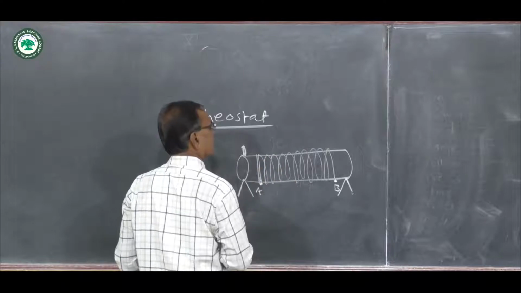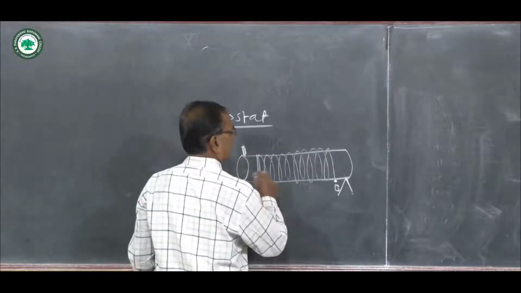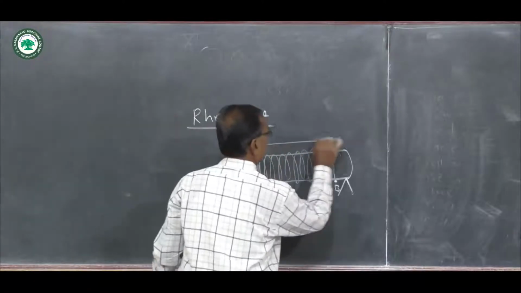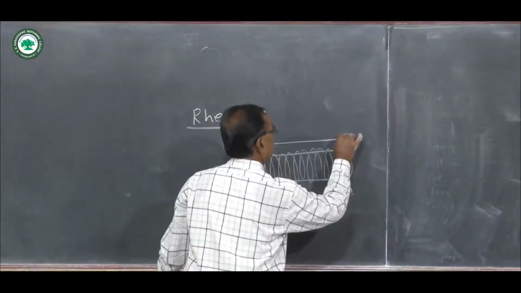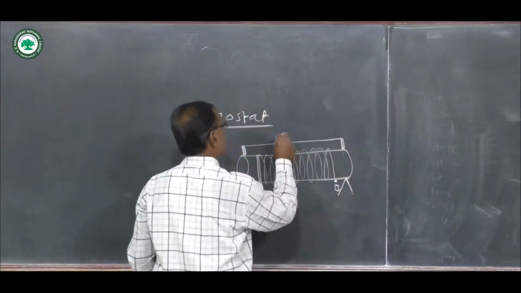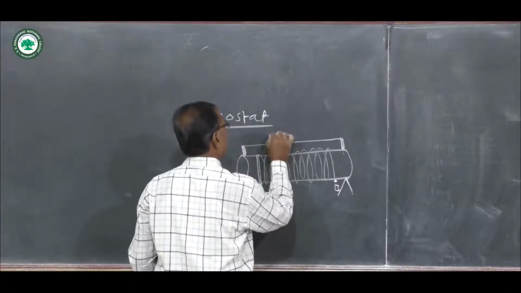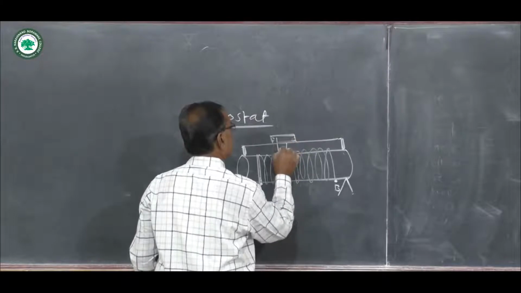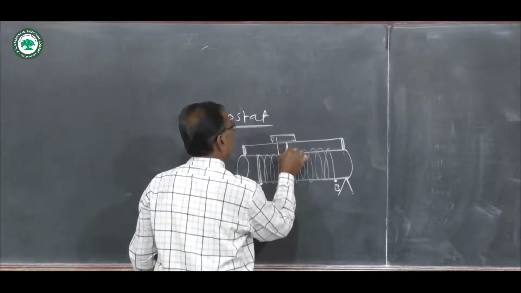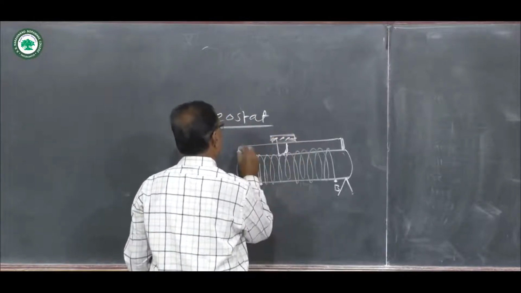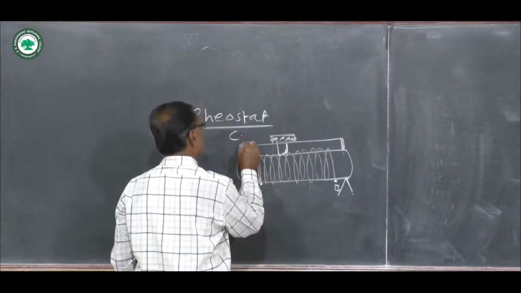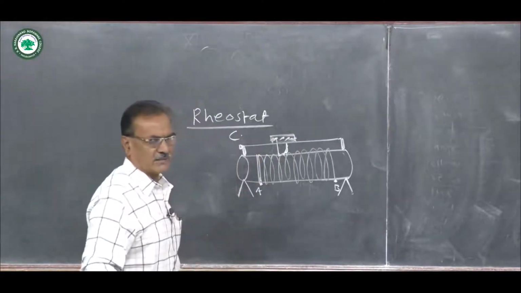Along these fixed terminals of wire there is a sliding terminal, just like this. And now there is another terminal, suppose it is called C. Now this is the variable terminal.